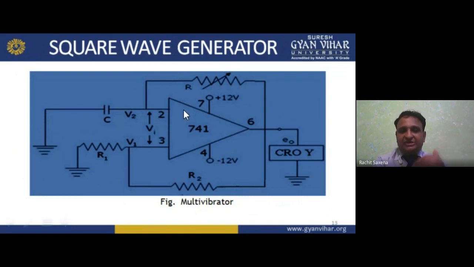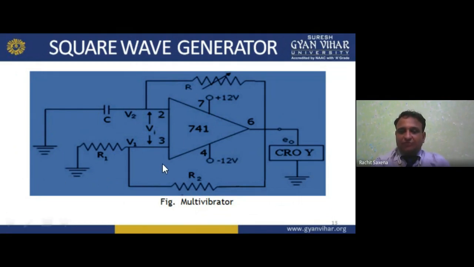That means it is on the positive side, so it will reach positive VSAT saturation. Now, if VSAT is there, and I am feeding it back with the help of this resistance, the capacitor will charge, and the right-hand side plate will charge. And once it is charged, we get more negative voltage compared to the positive. So in this case, negative saturation will take place. First case, positive voltage saturation. Second case, negative voltage saturation will take place.